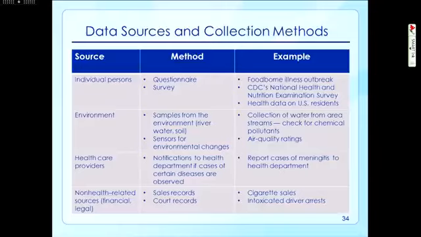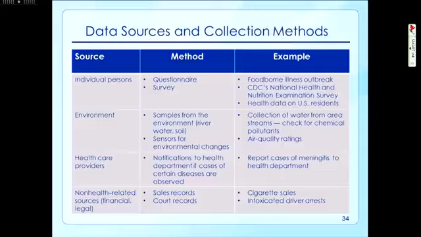We often collect data from individuals by using questionnaires and surveys, for example. Environmental data are collected in multiple different ways. For example, an epidemiologist might collect samples from a river to test for the presence of certain toxins. Healthcare providers collect considerable amounts of data and record these in clinical records, which can be used by epidemiologists.